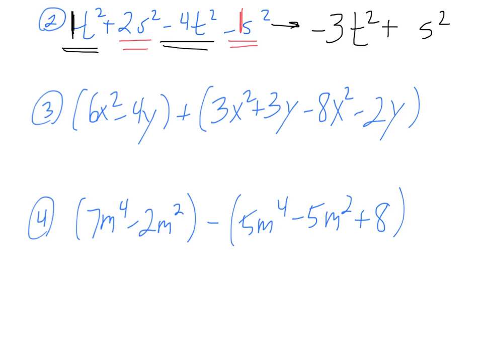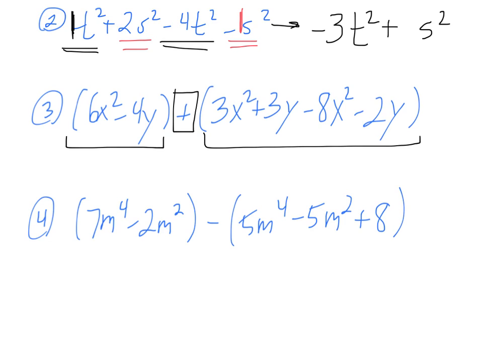Alright, let's keep going. Example number 3. First thing we have to locate is our operation. What are we doing? We are adding 2 polynomials. This is a polynomial. This is another polynomial. So within these polynomials that we will be adding, let's find the like terms.